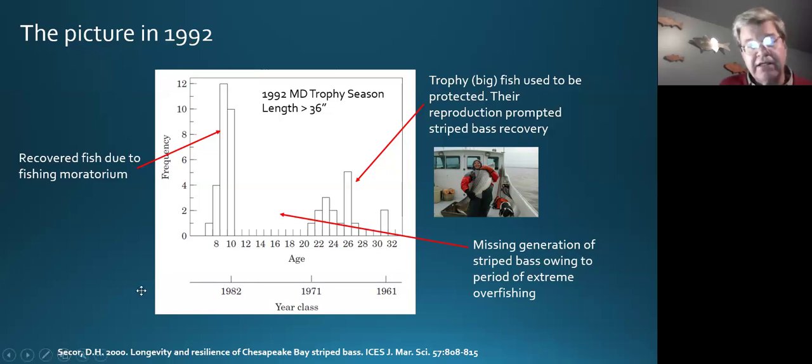So they were protected, and they actually stimulated the recovery that happened during this period of very low abundance for striped bass. You can think of it as a nick of time, because look at this. It's like a war hit this population. There are 10 years of absent ages. And this is a period of extreme overfishing.